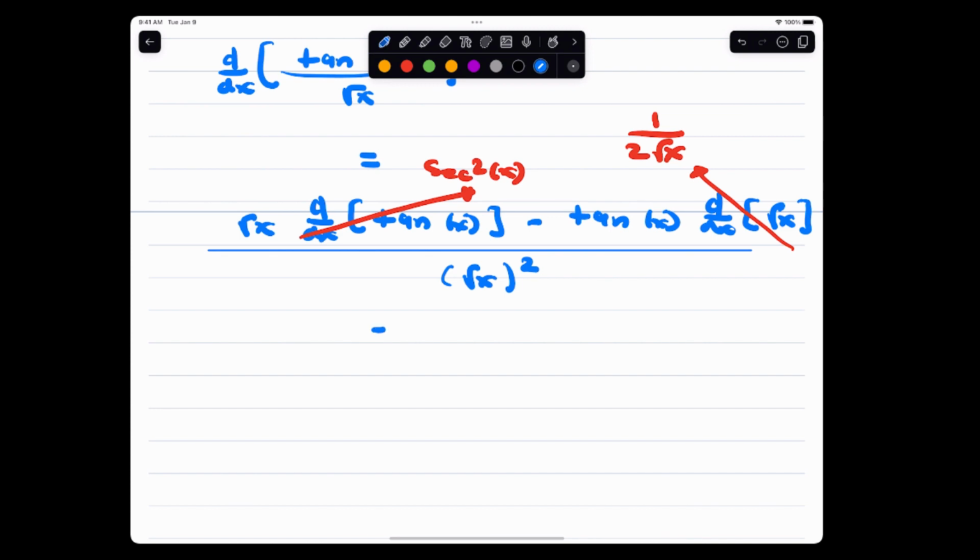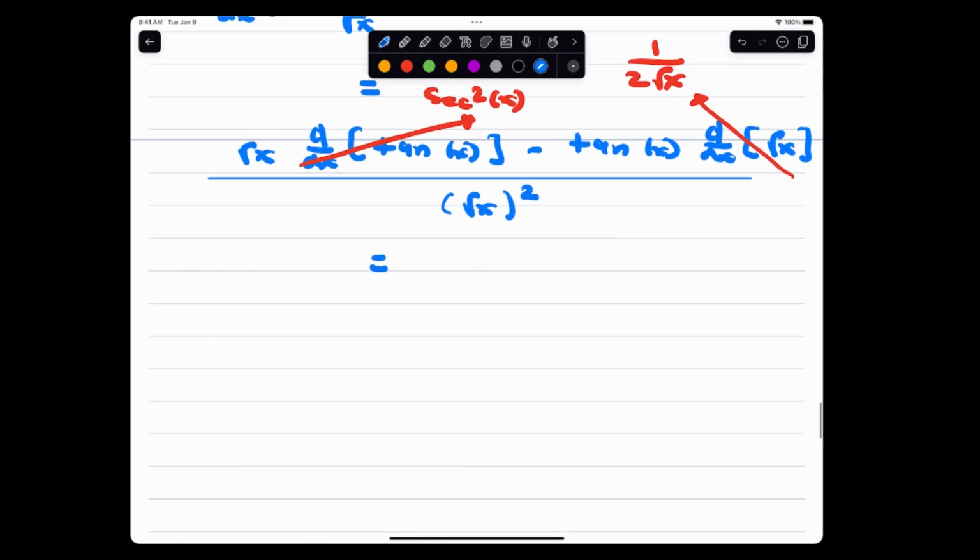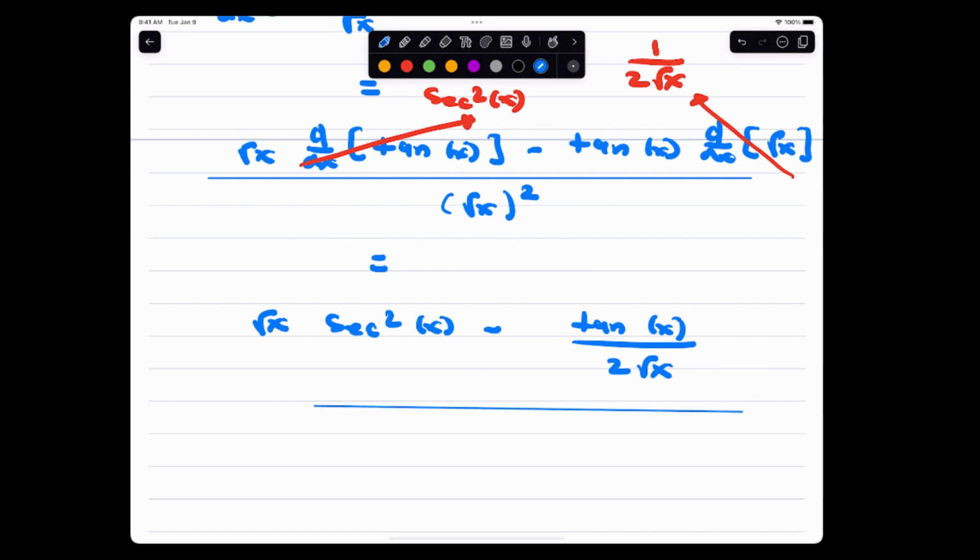Okay. So let's put this together. Square root of x secant squared x minus tangent x over 2 square root of x, divided by what? What's the square root of x to the second power?